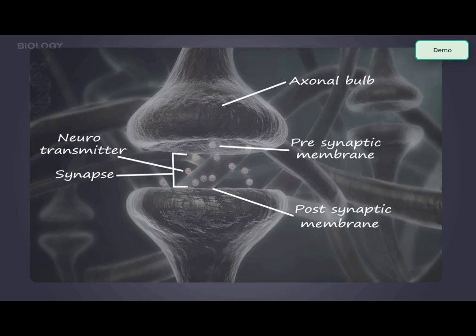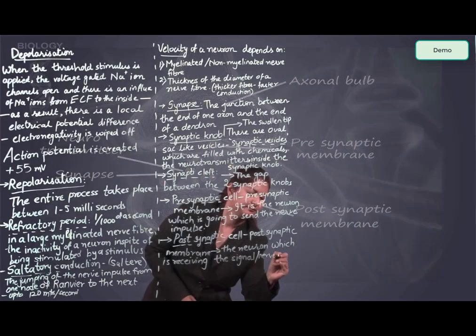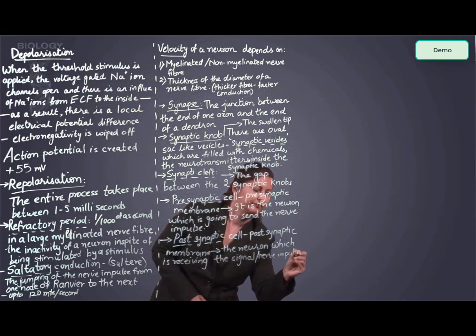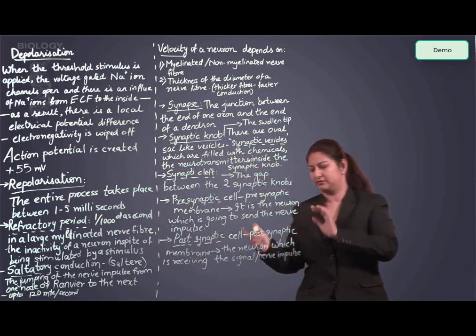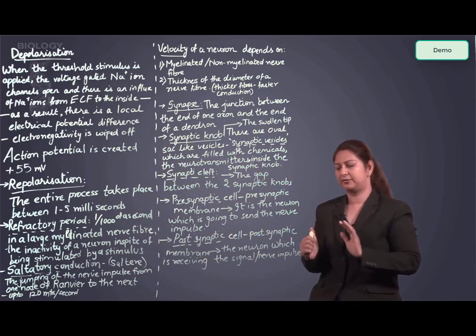It is the neuron which is receiving the signal, or receiving the nerve impulse. So that is about the postsynaptic cell or postsynaptic membrane.